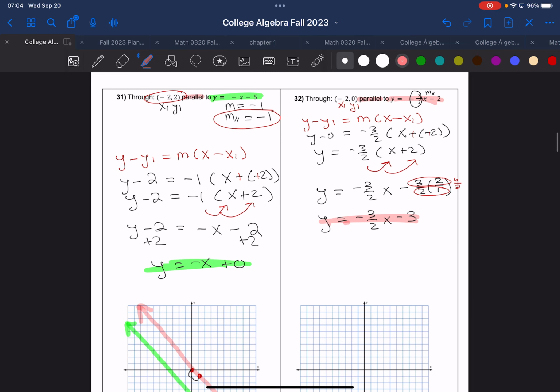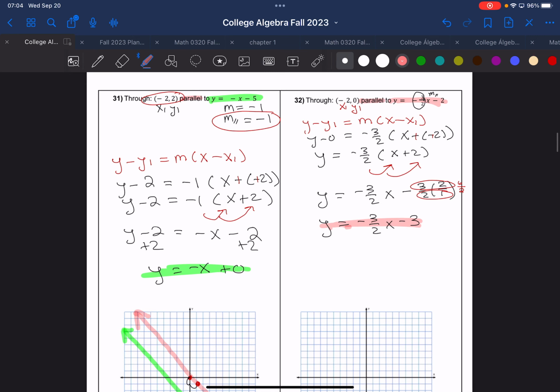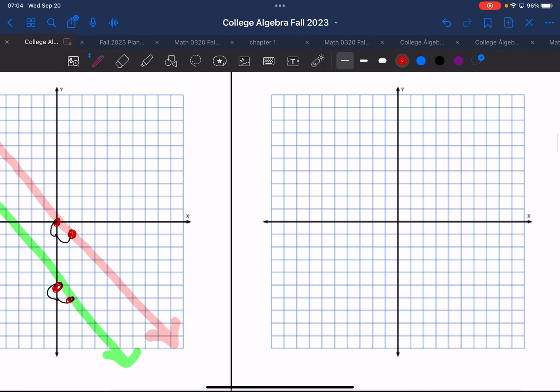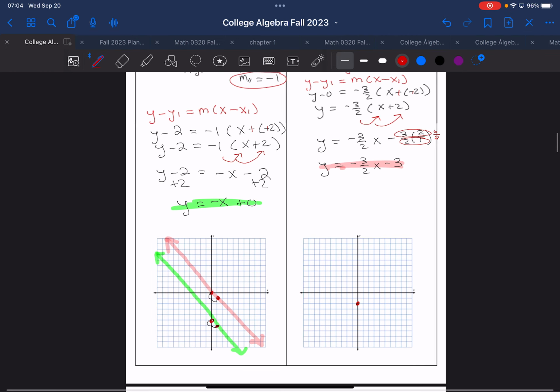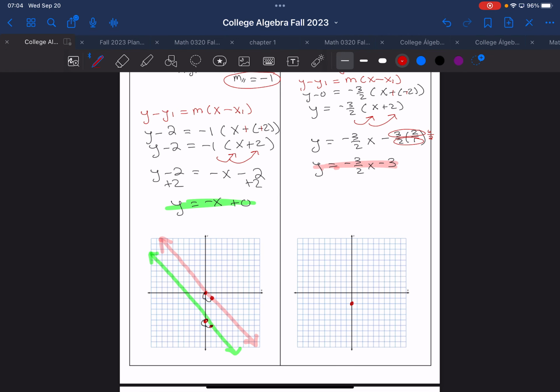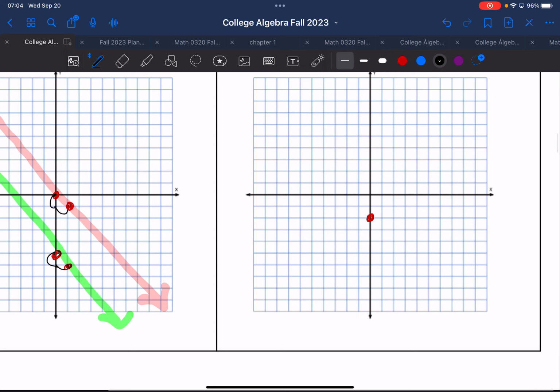So then I'm going to take those equations and I'm going to graph them. So in my original equation, what was my y-intercept? Negative 2. And my slope for both of them is what? Negative 3 over 2. And if I'm thinking in rise over run, what is that telling me to do? Down 3, because rise is first, so it's either going to go up or down. So down 3, right 2.